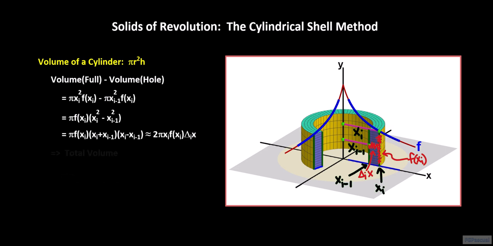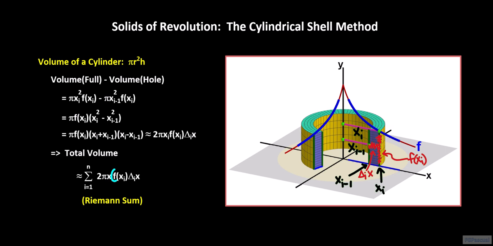Therefore, for an approximation of the total volume of the solid of revolution, we add up the volumes of all the n cylindrical shells. And so the total volume of the solid of revolution is approximately equal to the sum from i equals 1 to n of 2 pi times x sub i times f of x sub i times delta sub i x, and we have our Riemann sum.